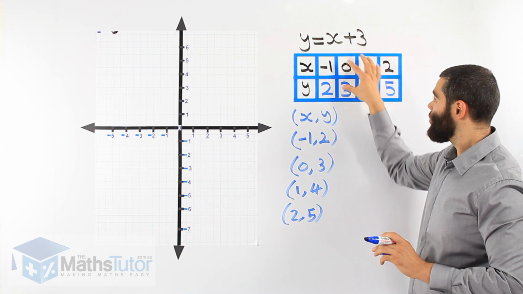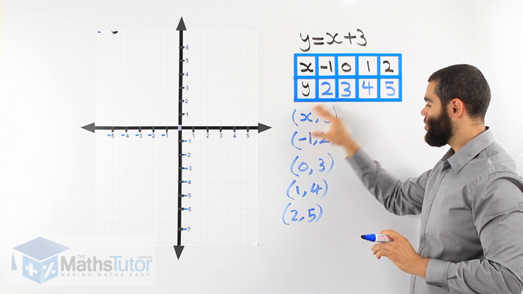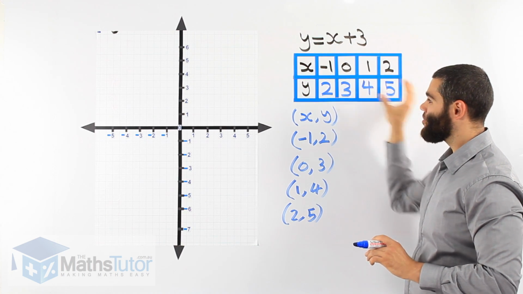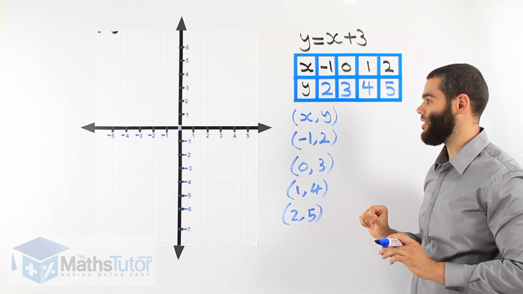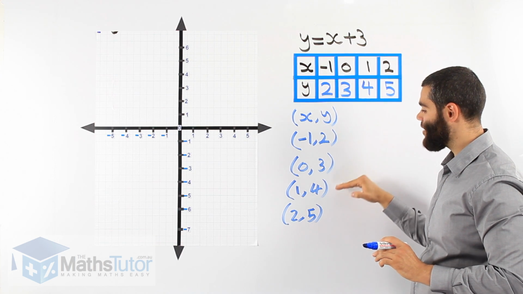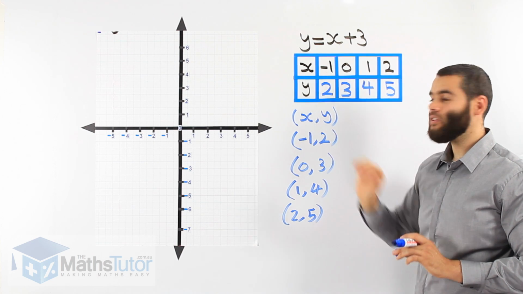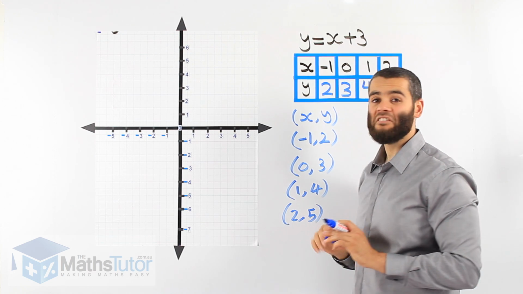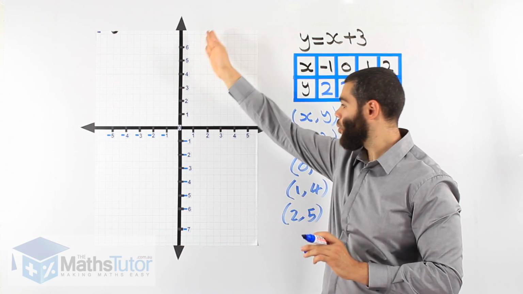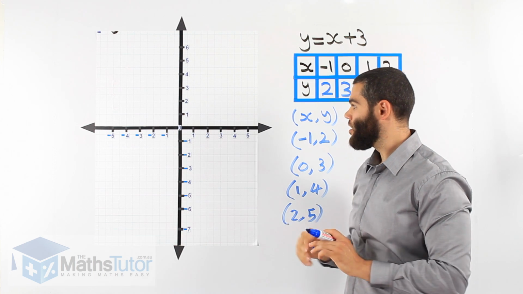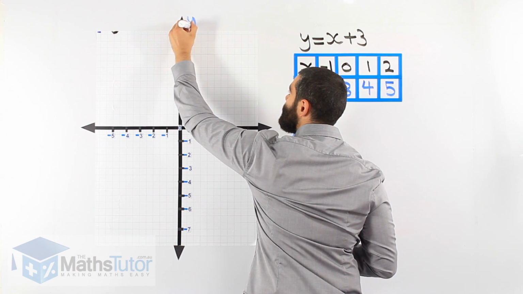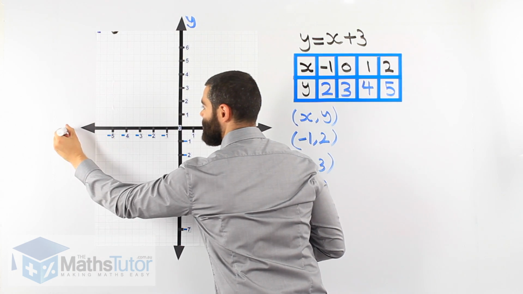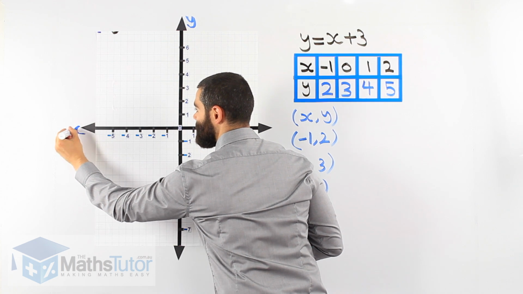We can go from here straight to there, but it's important for you to understand how this is related to the number plane. Now that we have our 4 coordinates, let's plot them on the number plane. The number plane has 2 axes. It has the y-axis, we label it with y, and it has the x-axis, we label it with x.